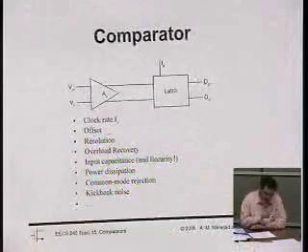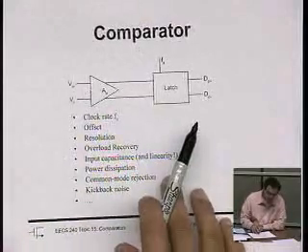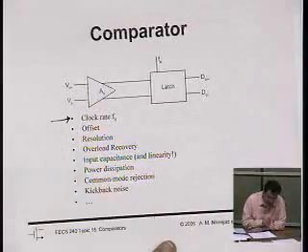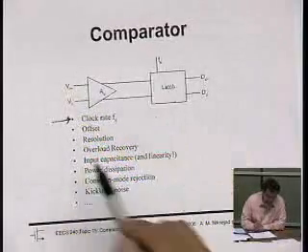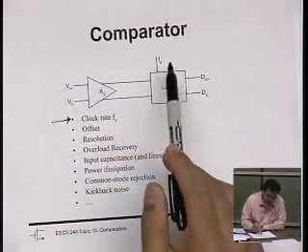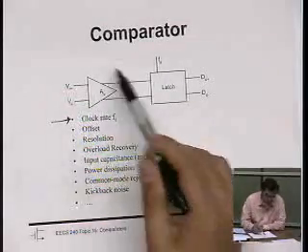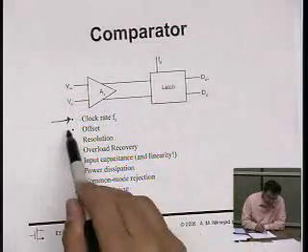Okay, so if you're designing a circuit like this, what are the kinds of things you need? First of all, speed. How fast can I clock the system? That's partly determined by how fast our latch is, and also by how fast this preamplifier is. Offset we already discussed.